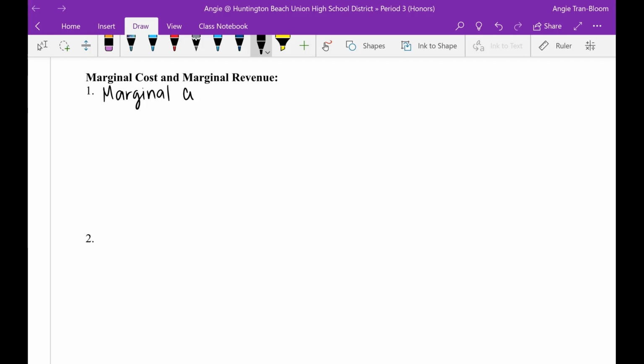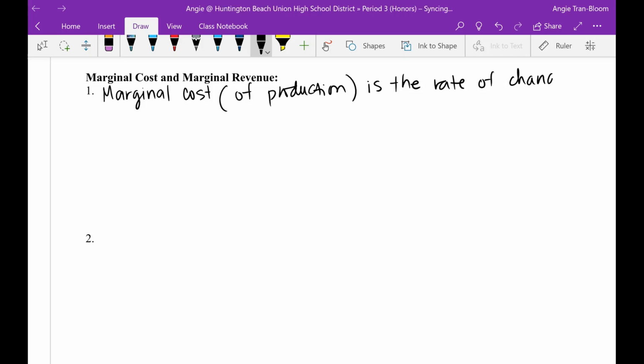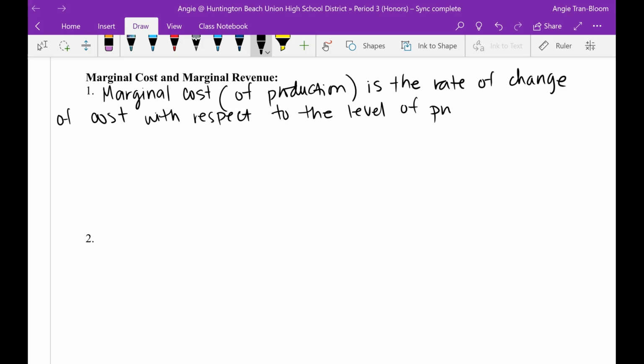Marginal cost is usually the cost of production, making stuff, which is the rate of change of cost with respect to the level of production.